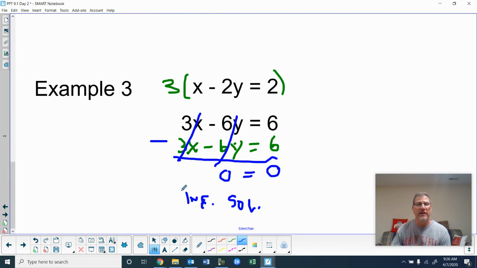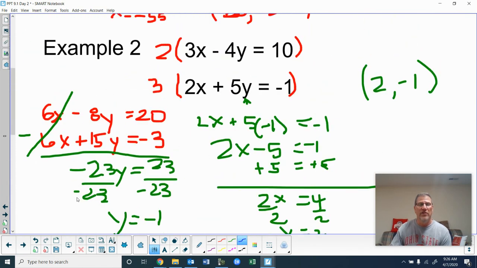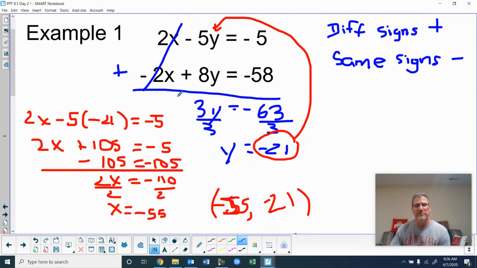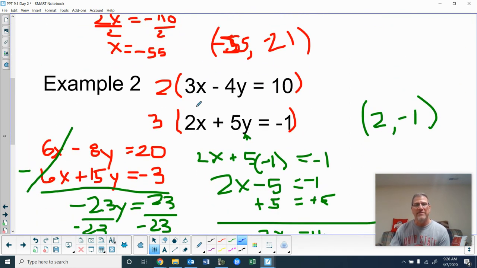All right. So again, going over what we're supposed to do, we want to make the same coefficients. If the signs are the same, we would subtract. In example 1, the signs were different. That's why we added them, and we eliminated the x's. They were already the same to start. And number 2, we had to make them the same.